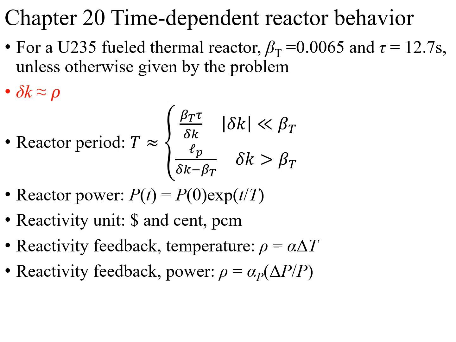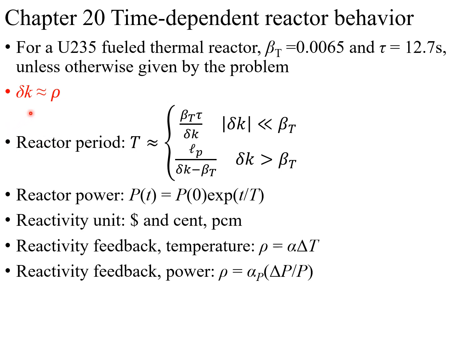For the uranium-fueled thermal neutron reactor, beta T is equal to 0.0065 and tau is equal to 12.7 seconds. If the problem gives you other values, then use the values provided by the problem. Otherwise, you may use these two values as the default.